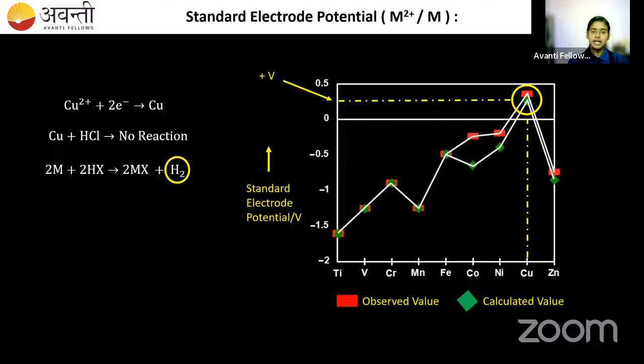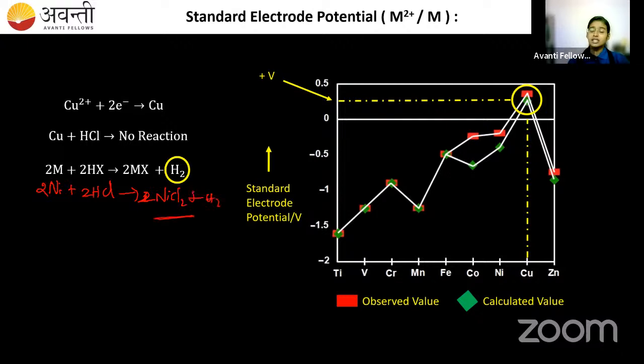Suppose I take nickel. One mole of nickel can react with 2 HCl molecules to give nickel chloride, NiCl2, and hydrogen gas will be evolved.